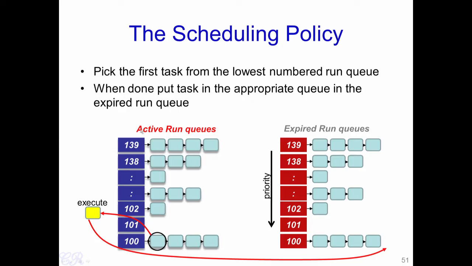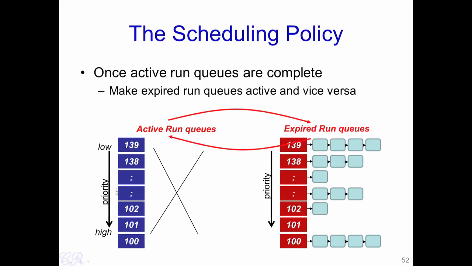After a while, we would have a point where all the processes in the active run queue are complete. Essentially, none of these priority classes have any processes with them. On the other hand, the expired run queue is now filled up, essentially because the scheduler has been adding processes to each priority class in the expired run queue.